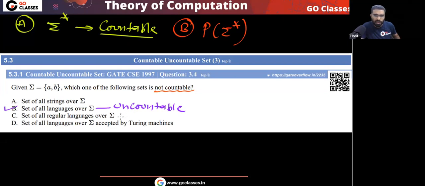What about the set of all regular languages? That is countable. What about the set of all languages over sigma accepted by Turing machines?